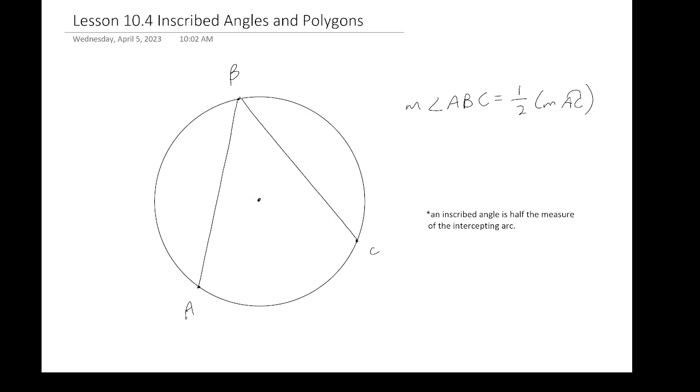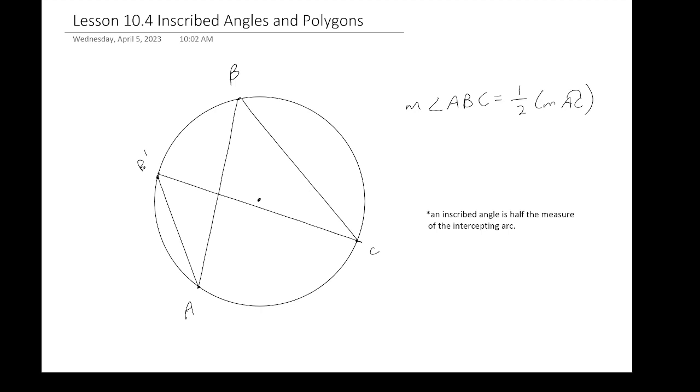Showing you guys something, just food for thought. Let's take B, and let's move it up here. We're going to call this guy B prime. What would you surmise about ABC and now AB prime C?